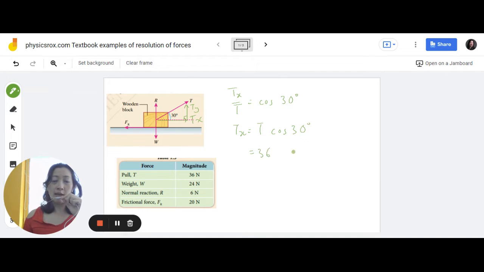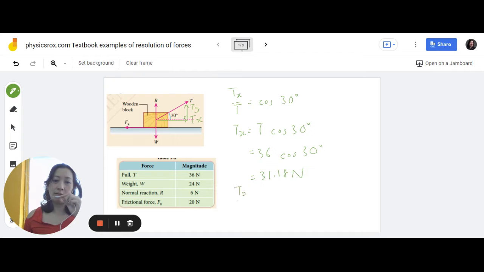And from the table, we find T is 36 Newton. So you can substitute 36 into T, 36 cos 30. And from there, when you work it out, I'm just going to look at the textbook, okay? You get 31.18 Newton. You approach the same method for Ty, but Ty is opposite to 30, right?